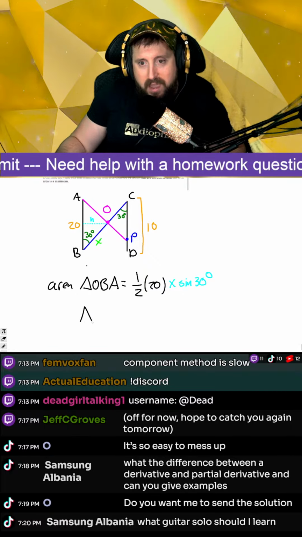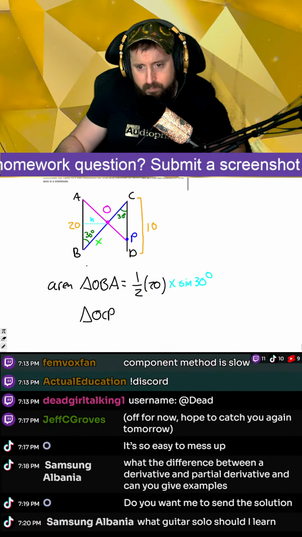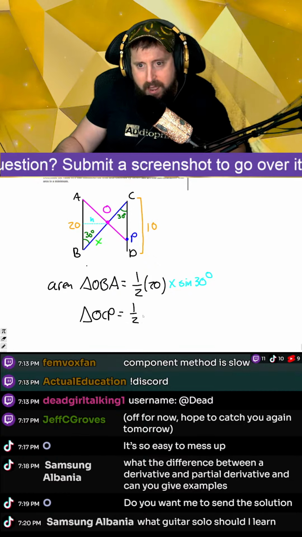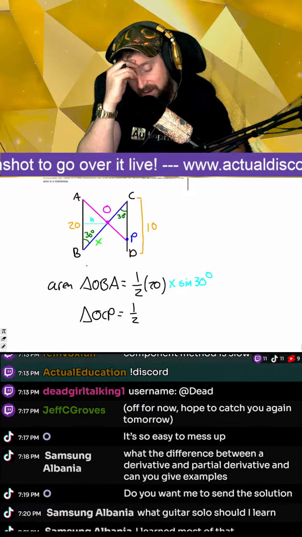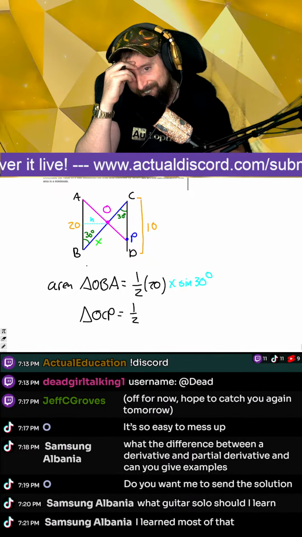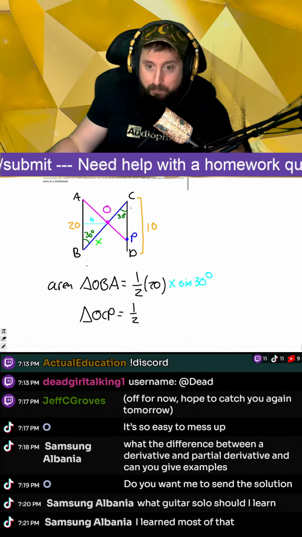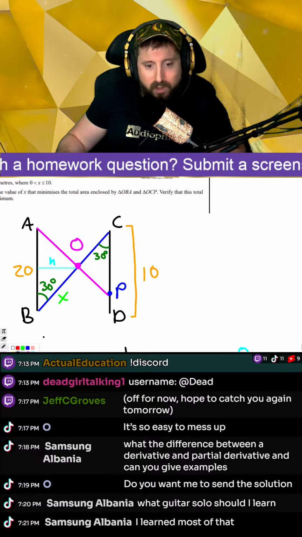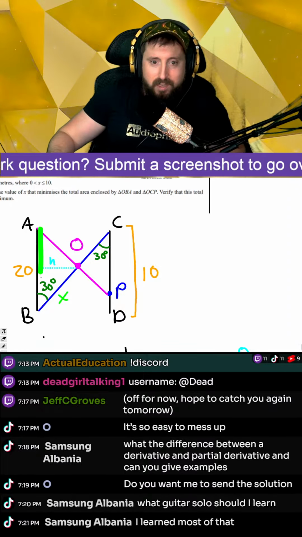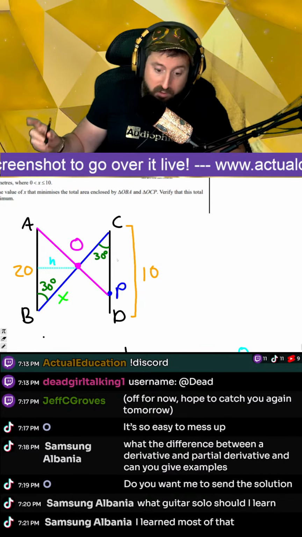Okay, and then the area of OCP is again going to equal one half. Now this is interesting. The base is going to be CP here. Oh, very cool though. This is such a cool question actually. This triangle right here is similar to this triangle right here, which means the ratios of the sides are similar.